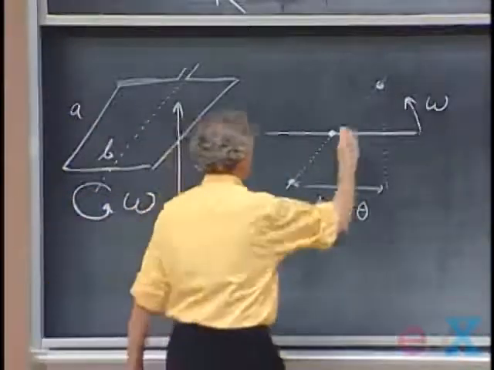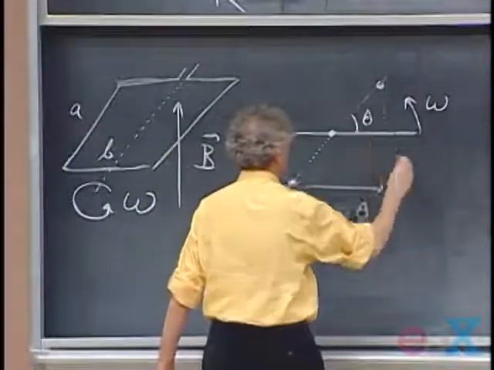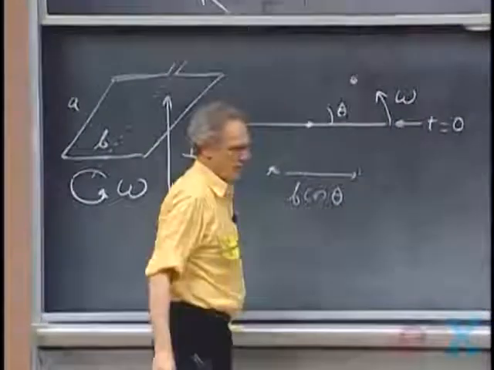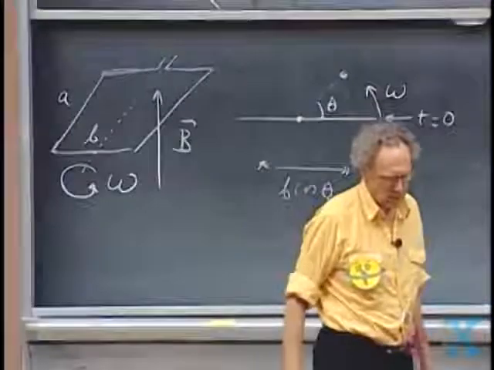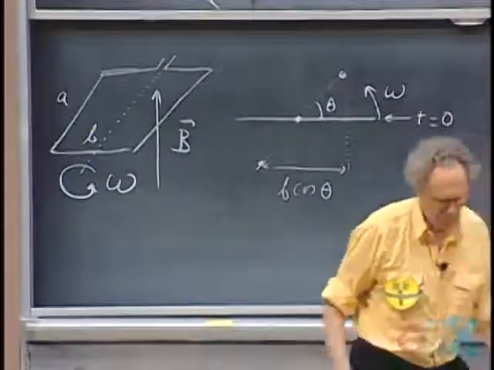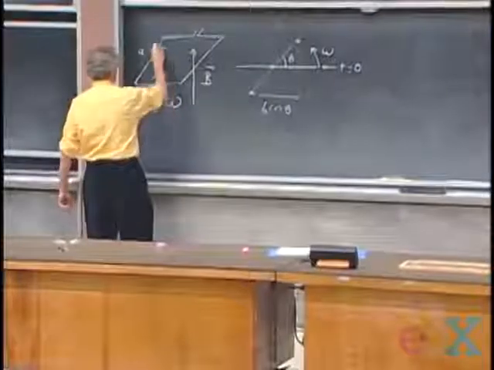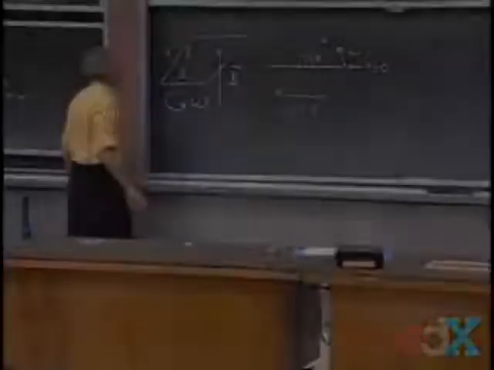And let's assume, we call this angle theta. Let's assume that it is here at t equals 0 when theta is 0. I can choose that arbitrarily any way I want to, of course. And there could be a resistance R in this entire loop.